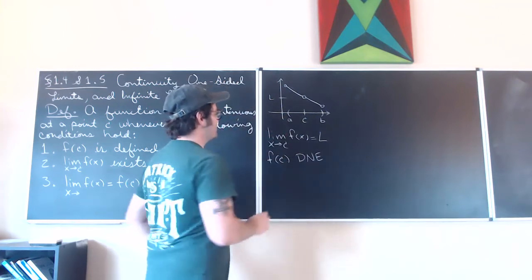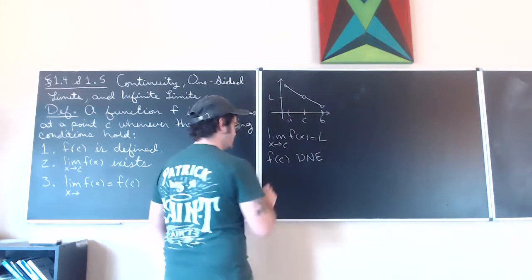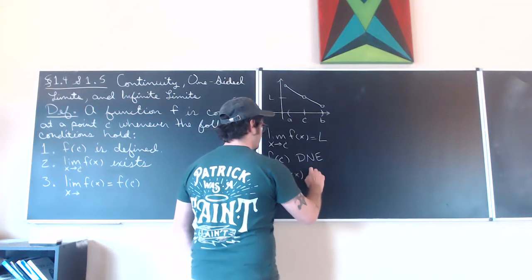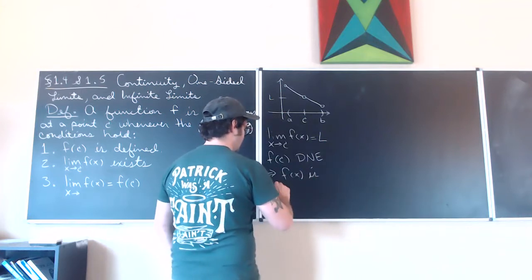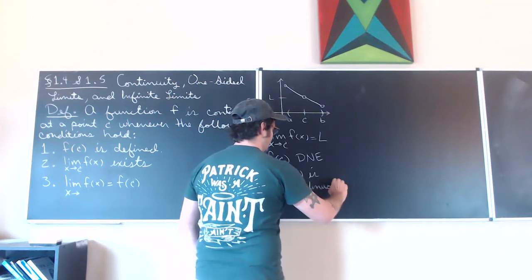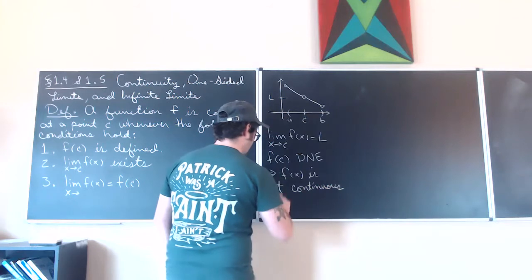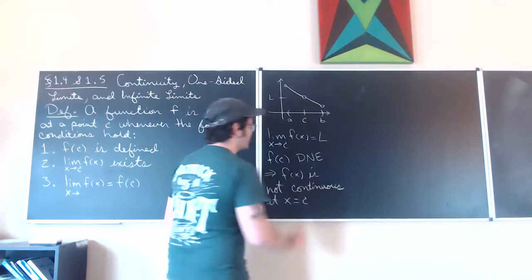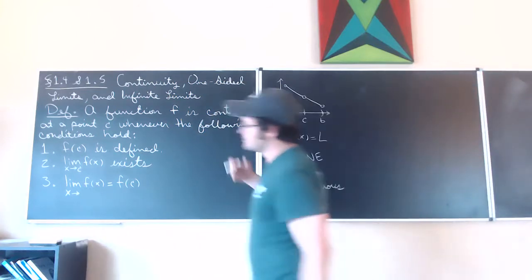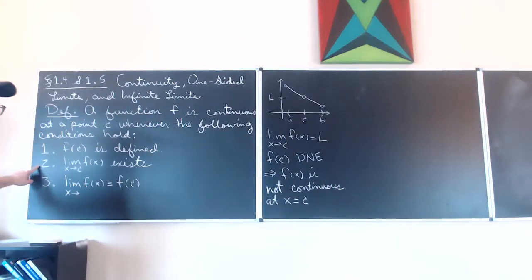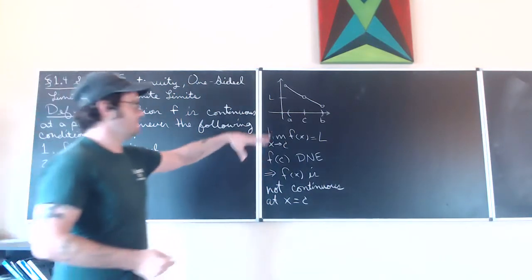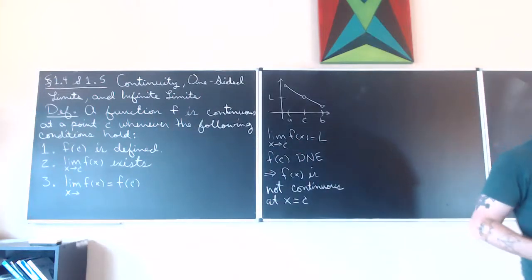So this function is not continuous at x equals C, because the function is not defined there. In order to be continuous at a point, all three of these properties need to hold.